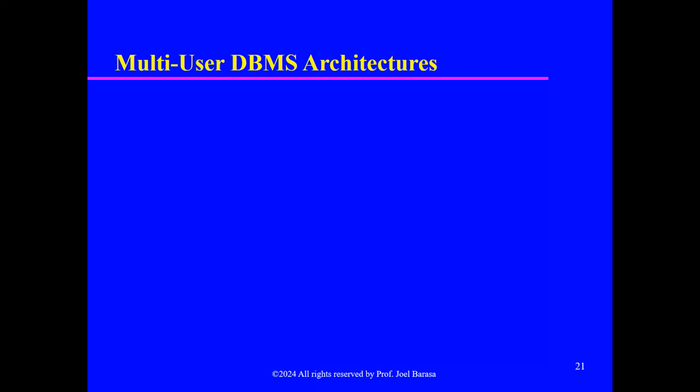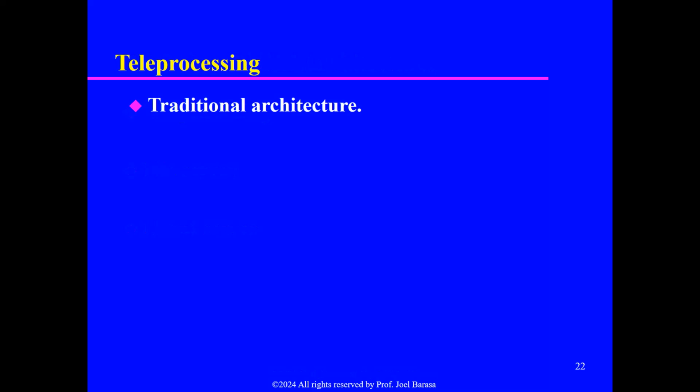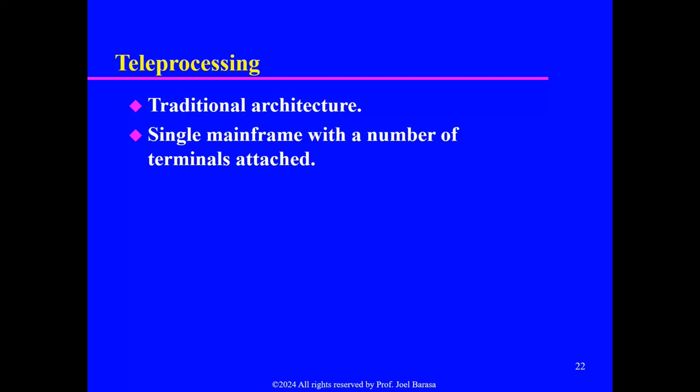So within the database, we have a multi-user architecture approach. We had first of all the ANSI three-level, which we have finished. Now, what is the multi-user level? We have teleprocessing, the file server, and the client server. Teleprocessing in a multi-user database management system architecture refers to the traditional architecture that was commonly used, where a single mainframe with a number of terminals was attached during the building of these databases.